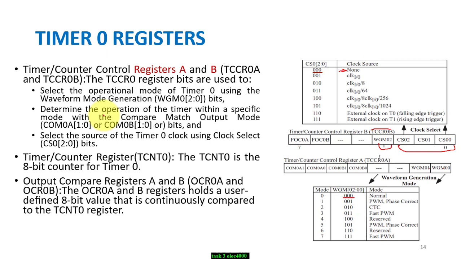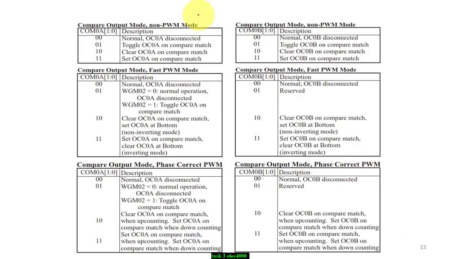Now the timer control registers A and B, as you can see here, I have already explained the source and I have explained the wave generation mode. The compare A1 and A0, B1 and B0 are basically this slide over here.